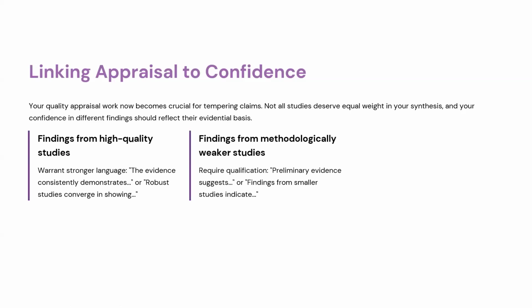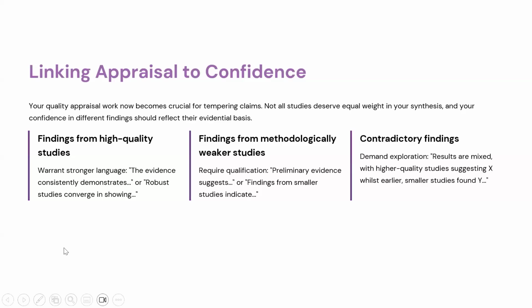So "preliminary evidence suggests that," or we may say something along the lines of "findings from similar studies or smaller studies indicate..." You'll notice that the language is becoming a lot more cautious because maybe the methodology is not quite as robust, the sample size was not as significant, and so what can actually be said from these studies is very tentative and not very defensible.